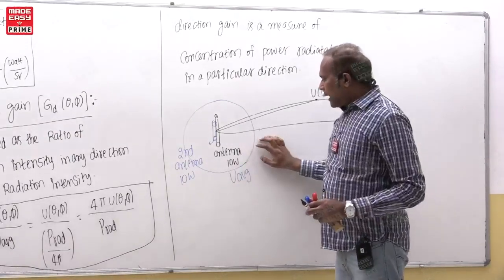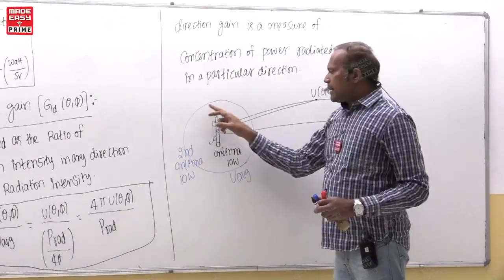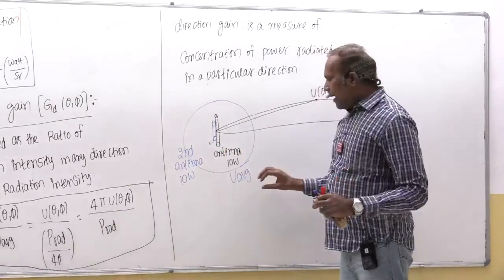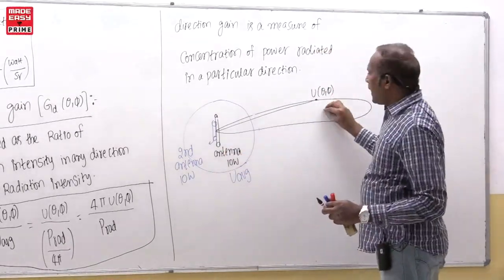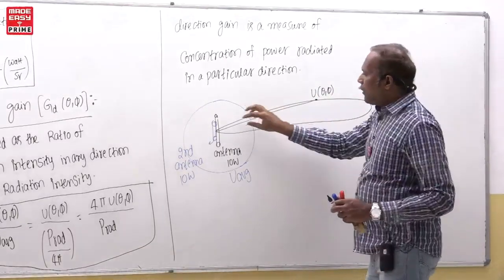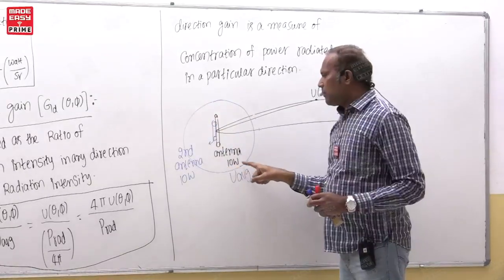You can call this pattern the radiation intensity of an isotropic antenna, or otherwise the average radiation intensity of the same antenna. If you remove this power and on an average distribute it here, again you get the average value, this much only.